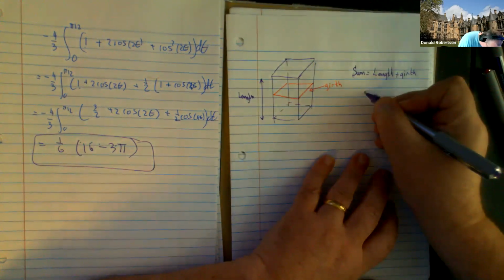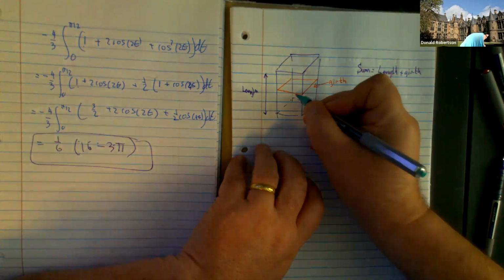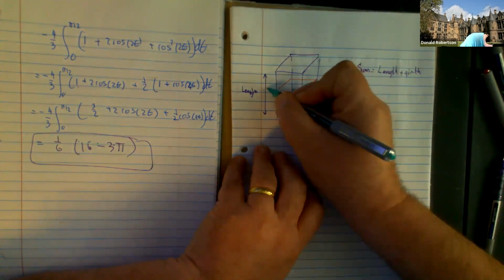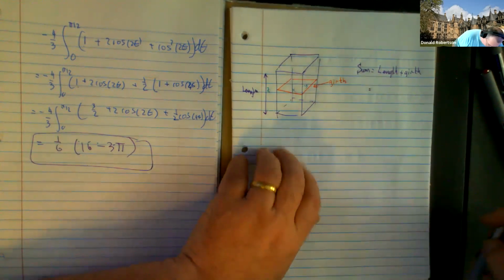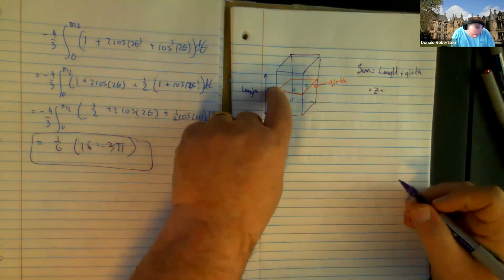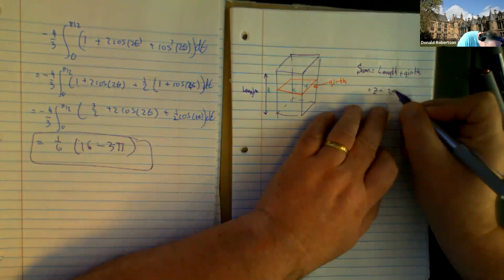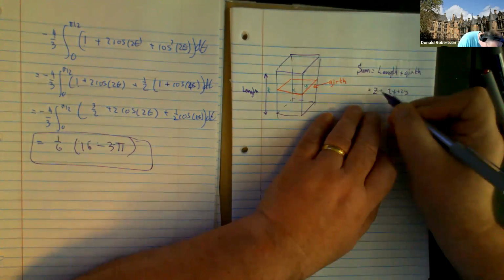So what you're telling me is that plus that, I should start putting in variables here. So how about X, Y, and Z? So the length is Z, because it's just that guy. And the girth is an X, a Y, another X, and another Y. So that's 2X plus 2Y.